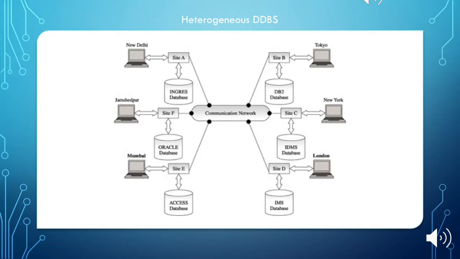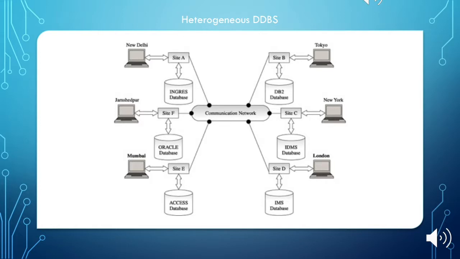Each site has its own transaction management software, including its own local logging and recovery software. However, the users on one computer can access data stored in several other computers. Therefore, each machine will act as a server for some users and a client for others.